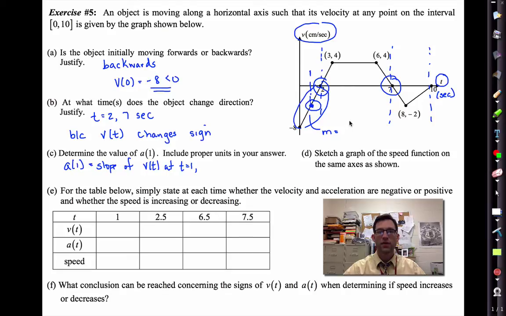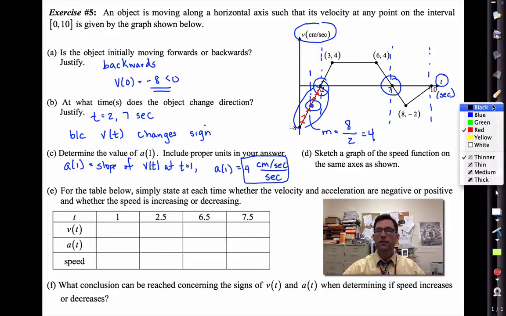The rise was 8, the run was 2, so the slope all along that line must be 4. So A of 1 must be 4. The change in y was in centimeters per second, the change in x was in seconds, so our acceleration is 4 centimeters per second squared. Definitely must be positive, right? Velocity is increasing, and if velocity is increasing, acceleration must be positive.